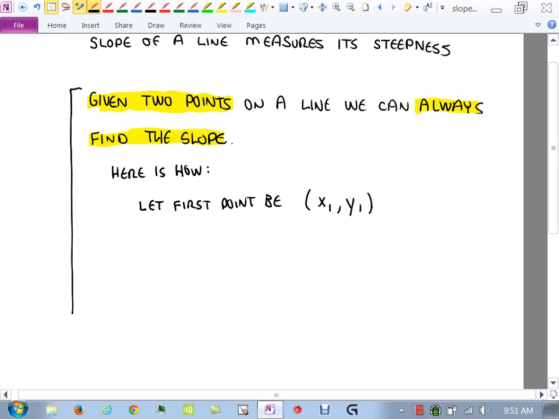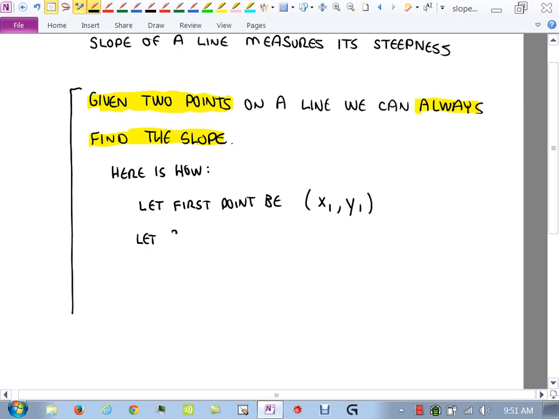Now what I've done, instead of writing x and y, I wrote x with a little, what do we call it when we put a number on the bottom like that? Subscript. You ever heard that before? Subscripting? Okay, all you're doing is putting something below the letter to the bottom right corner. I am subscripting the x and the y to let you know that, look, this is an x and a y, but it's the x and y of my first point. So I put a little 1 there.